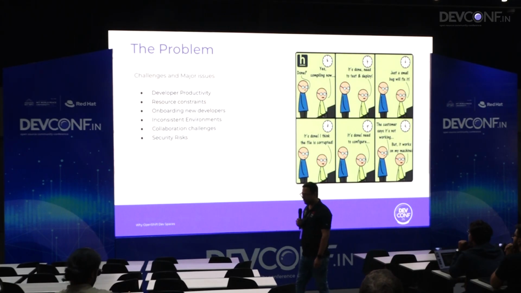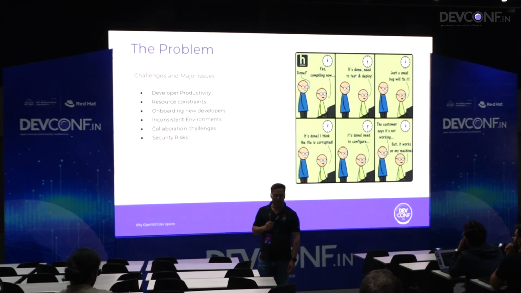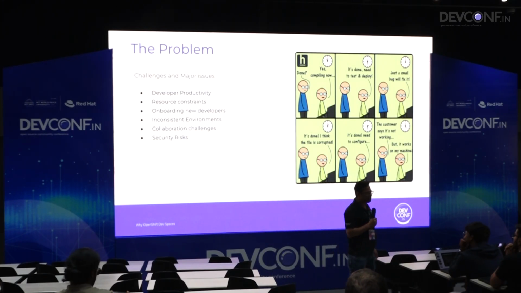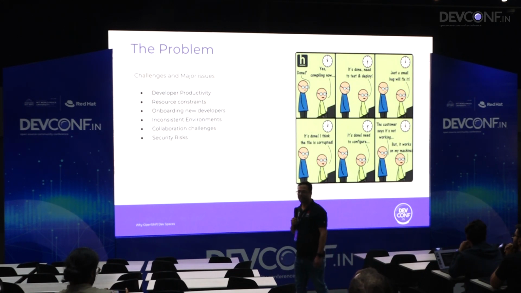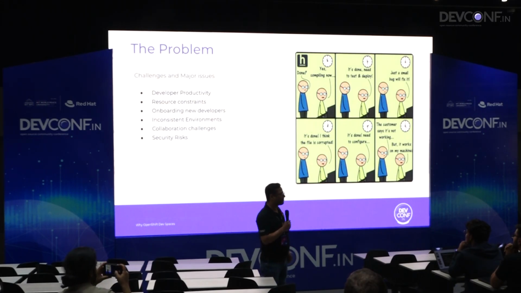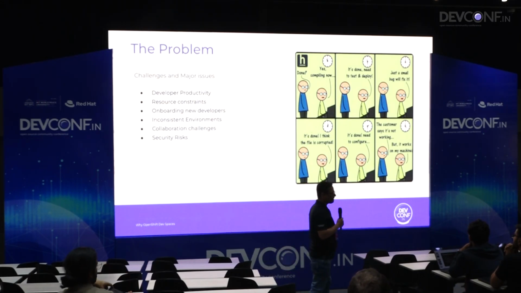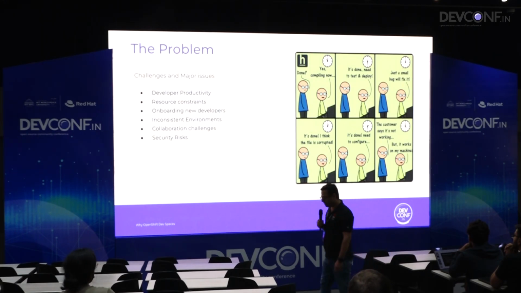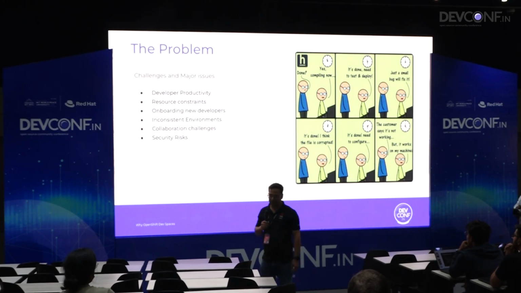The second is the inconsistent environment. Now, there's a very common issue which every developer faces: it works on my machine. So whenever they try to write something, build something, it works. But then when it actually goes into the development environment or actual environment, it fails. So we have to actually bridge the gap as much as possible between the development environment as well as the actual environment. The next is collaboration.